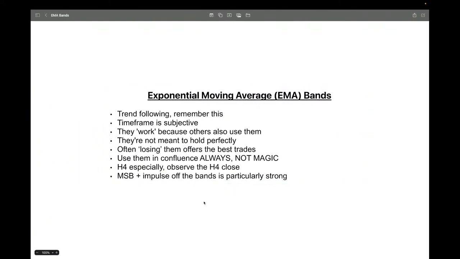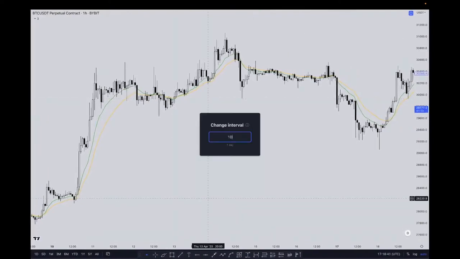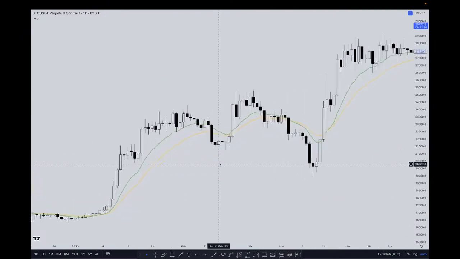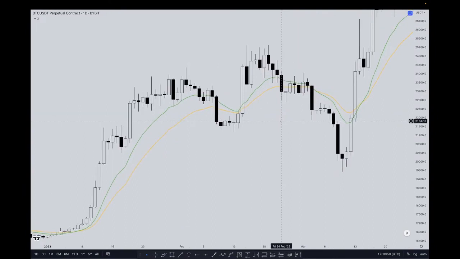So they're not meant to hold perfectly. That's the next thing I want to talk about. And it leads into the following point, which is that often losing the bands offers the best trades. So let me explain that as well. Often losing the bands offers the best trades, and they're not supposed to hold perfectly.